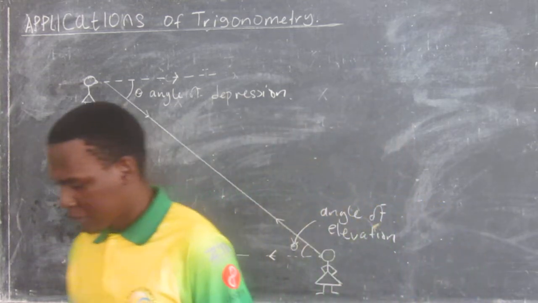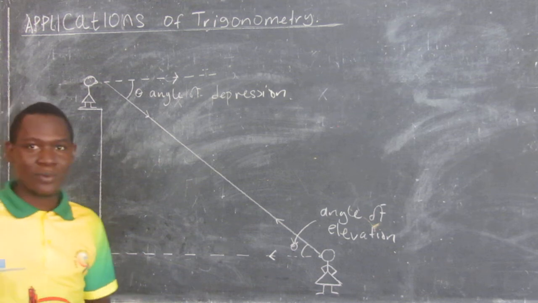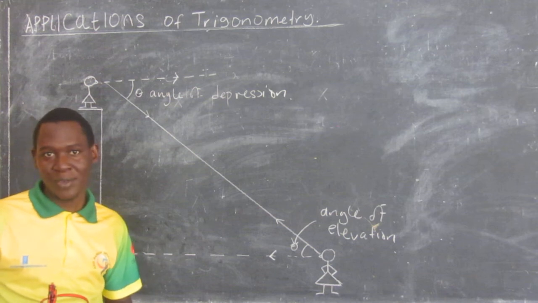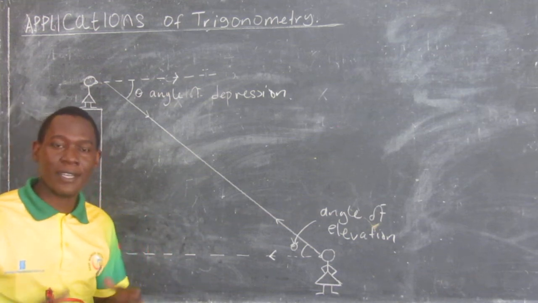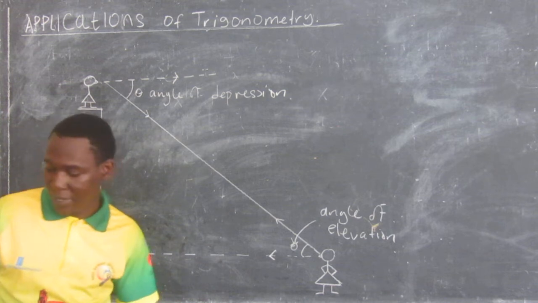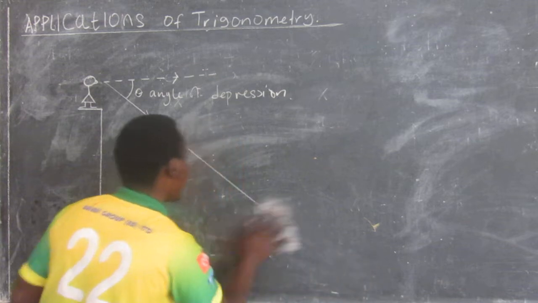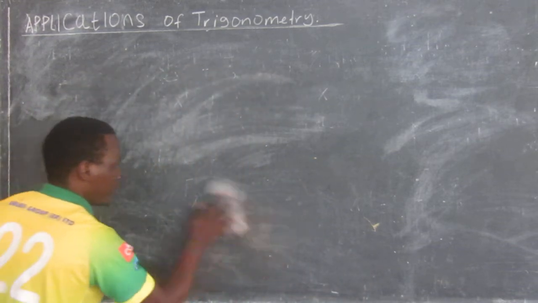John wanted to measure the height without going directly to the tree to measure it, but to apply trigonometry. Let's try it out and see how it works.